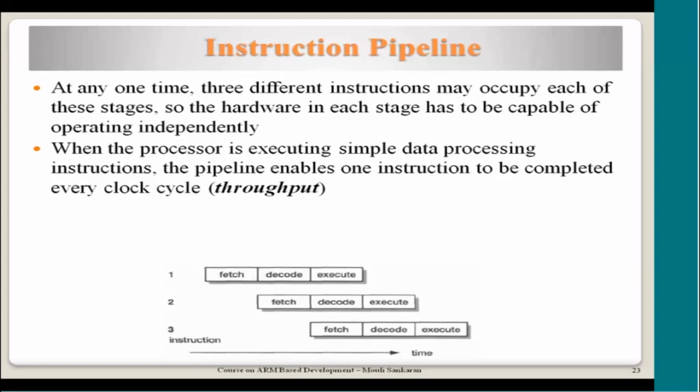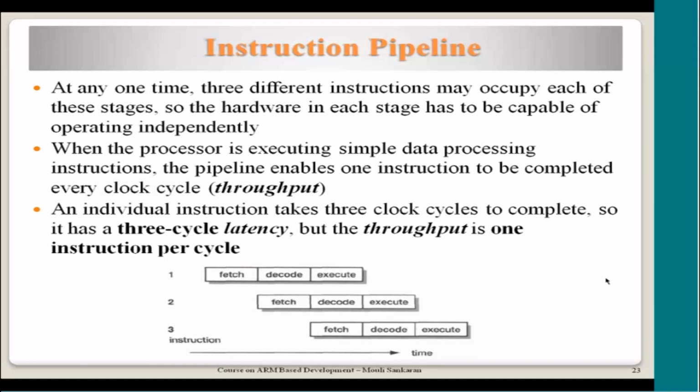So different instructions are there on each stage of the pipeline. If a simple data processing operation is done, one instruction gets completed every clock cycle. So what is the latency? 3 clock latency is the time taken for one instruction to go through the pipeline and come out of it after the execution.